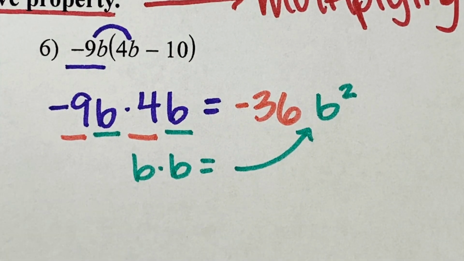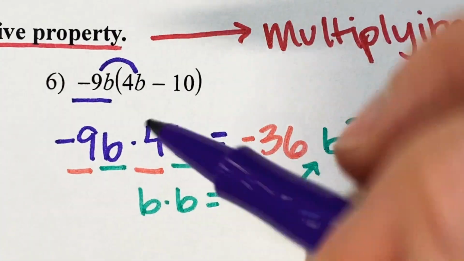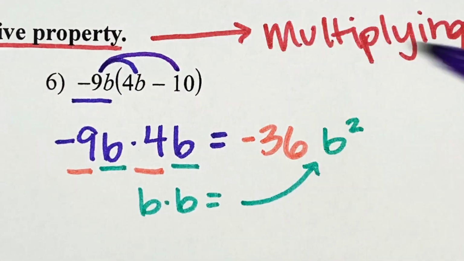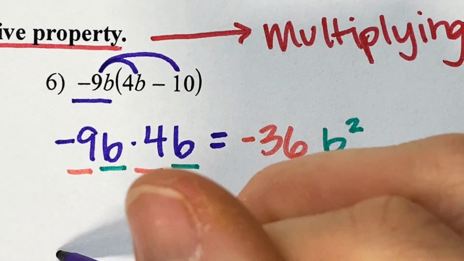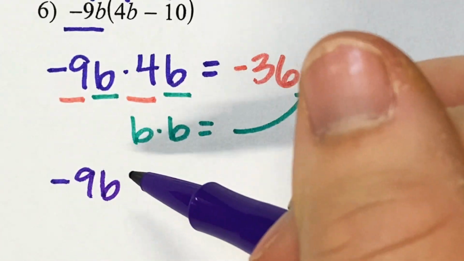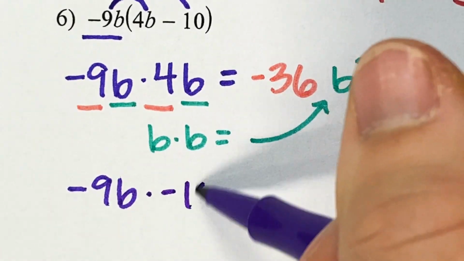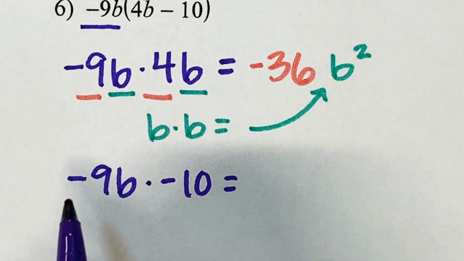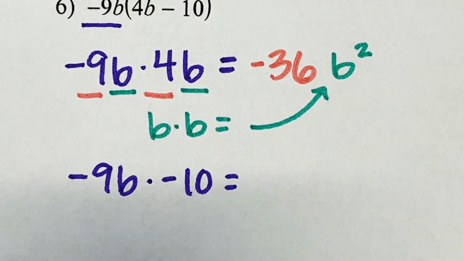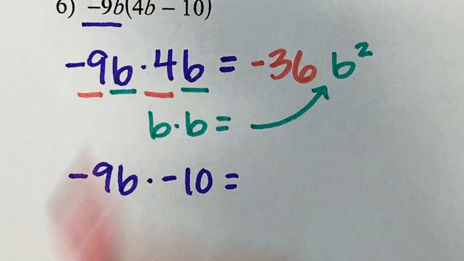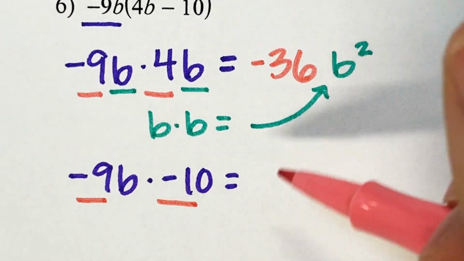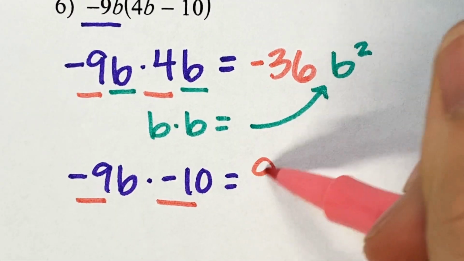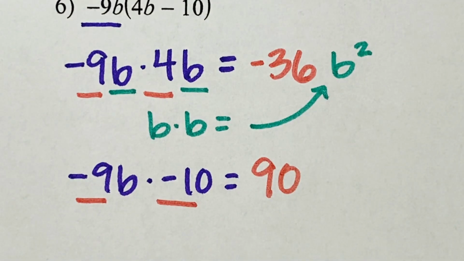Alrighty. Let's do the second one now. So we have -9b again times -10. Take your coefficients: -9 times -10. A negative times a negative is going to give me a positive. 9 times 10 is 90.